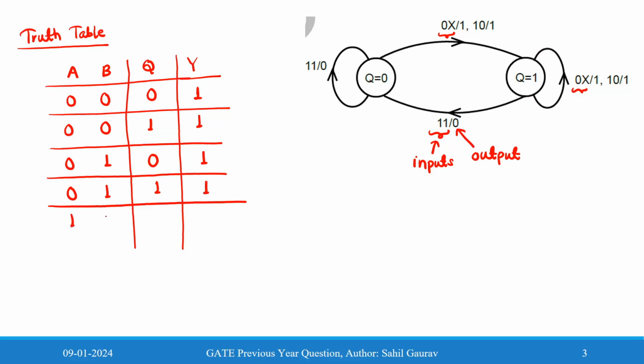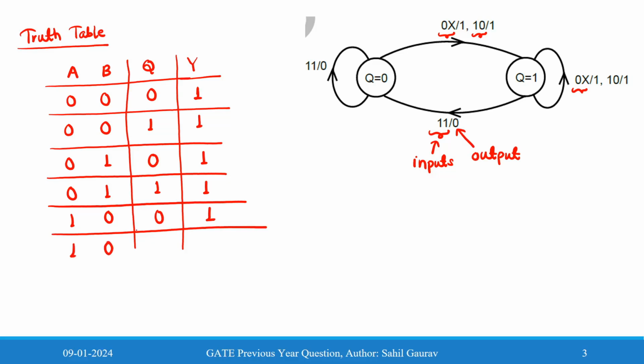Now taking A as 1 and B as 0 and Q equal to 0, it changes state from Q equal to 0 to 1, so you get output as 1.